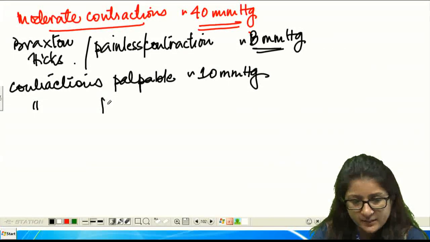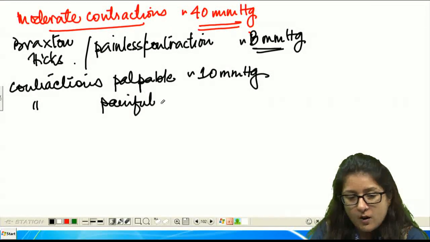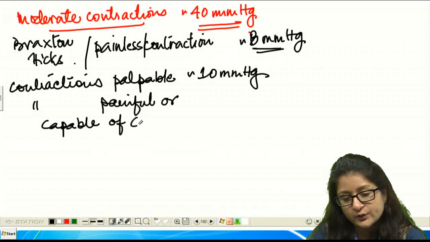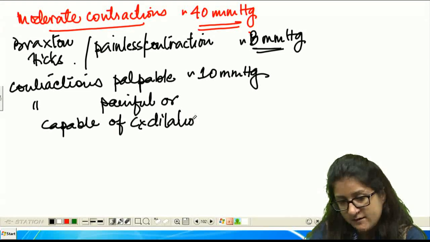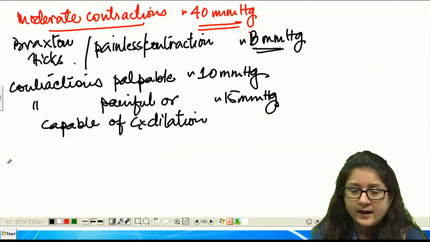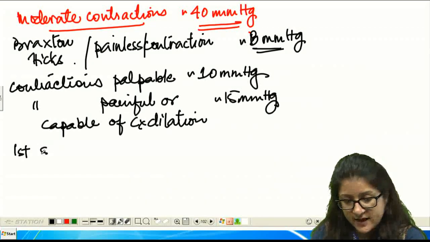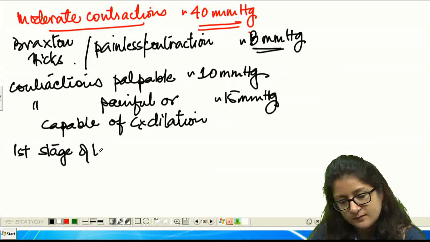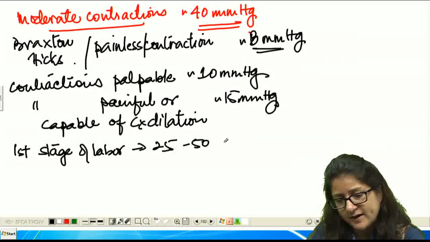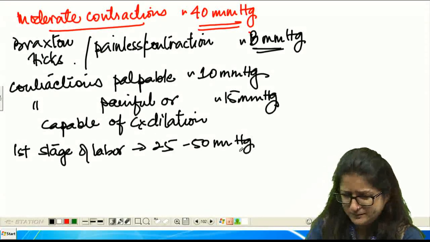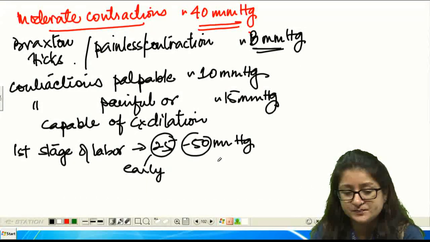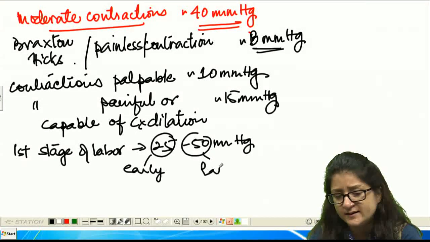The contractions become painful, or let's say they become capable of producing cervical dilatation, when they are at an intensity of 15 mmHg. In the first stage of labor, the contractions are somewhere between 25 to 50 mmHg, 25 in the early first stage and 50 in the late part.